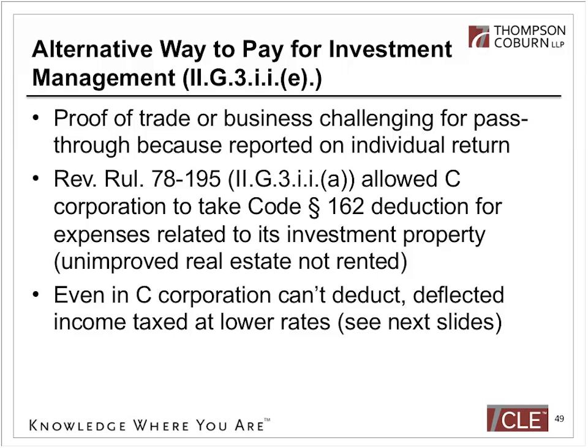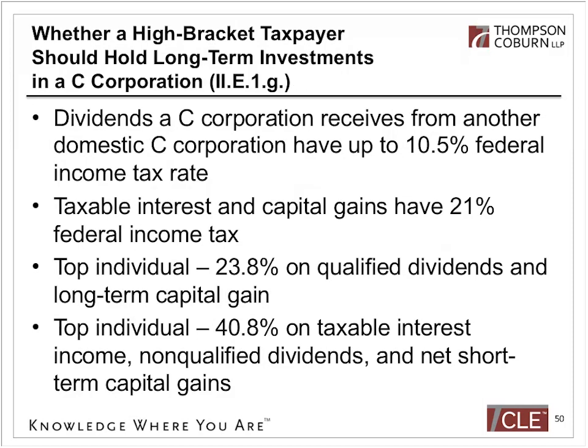Even if the C corporation can't deduct it, the C corporation's income will be taxed at a lower rate. Normally, if you have a qualified dividend, your federal rate is going to be the 20% capital gain rate and 3.8% net investment income tax for a total rate of 23.8% if you're an individual.